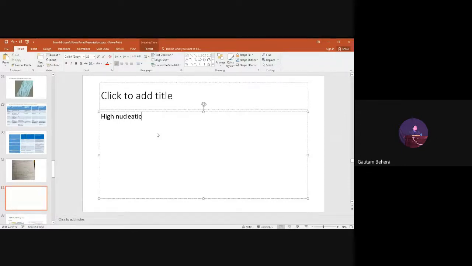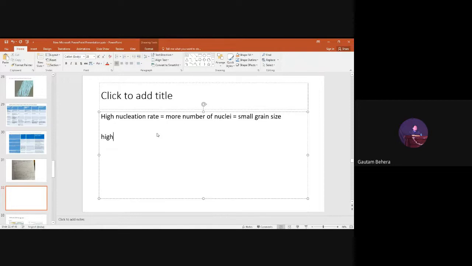High nucleation rate means what? More number of nuclei. More number of nuclei means small grain size. Right? This is one part.